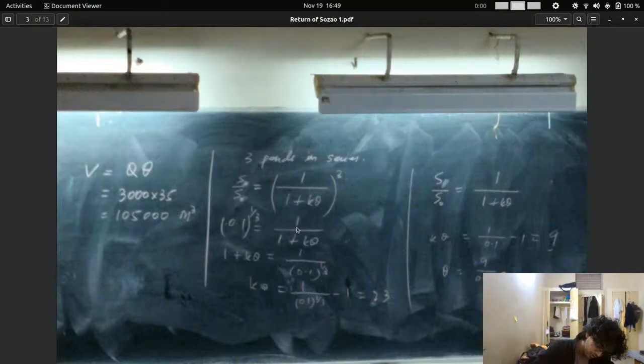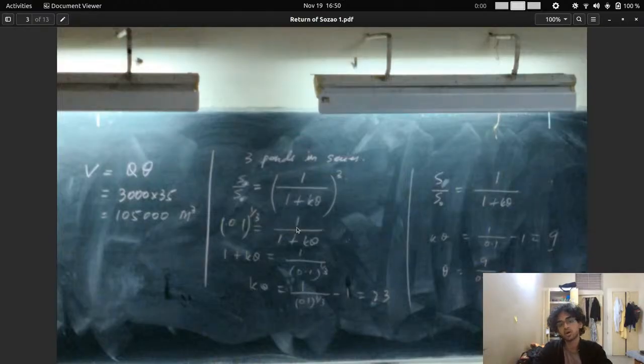For bonds in series, Sk on S naught equals to... in series it follows the chain rule.